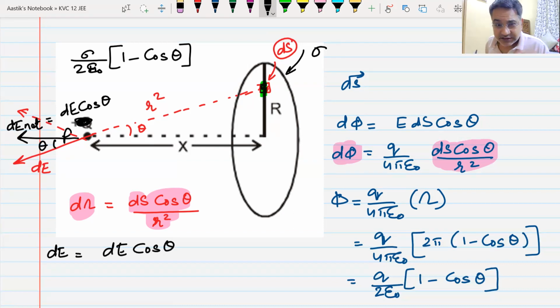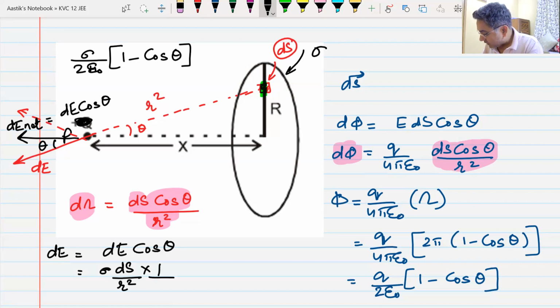Now what is this dE? This dE is the electric field produced by that small charge. And what is the value of that small charge? Sigma into ds, divided by the distance r square, multiplied by k.